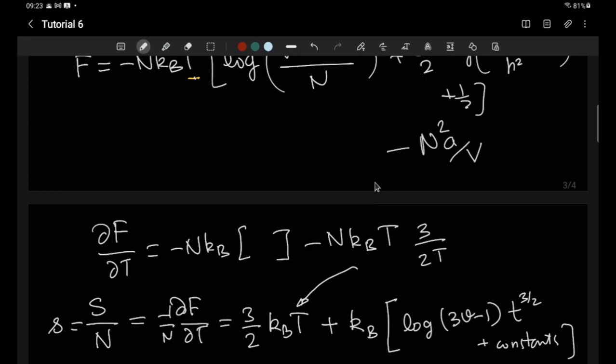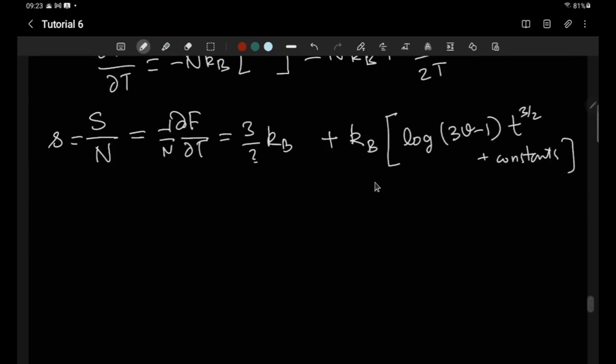Oh yeah, it's a constant. Thanks. So this is also a constant. Let me leave that constant just for the heck of it. These are constants, but the key object here is just kB log of 3v minus 1 times T to the power 3 half, plus a constant.